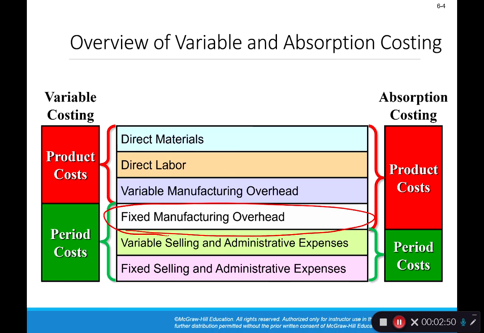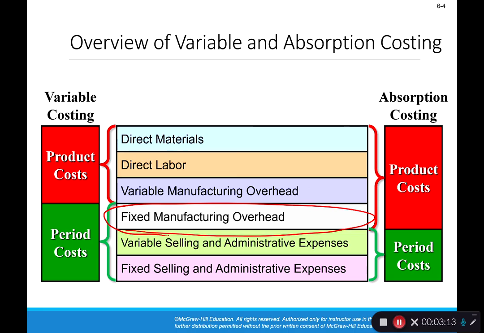Under variable costing, the fixed overhead cost is expensed in the period in which it is used, along with the normal period costs, which are selling and administrative costs. Under absorption costing, only the selling and administrative costs are expensed when they're used because the fixed overhead is absorbed into the product cost. So if you compare the two, the only difference is how we treat fixed overhead.